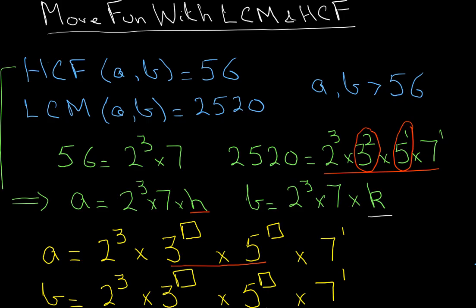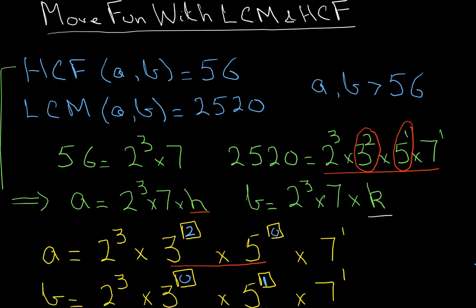So I can only play with 3 squared and 5. I have a choice. I can put a 2 maybe over here. If I put a 2 over here, then I'm forced to put a 1 over here, and I will not be able to put any power of 5 or 3 in A and B respectively, so that they have no common factors.